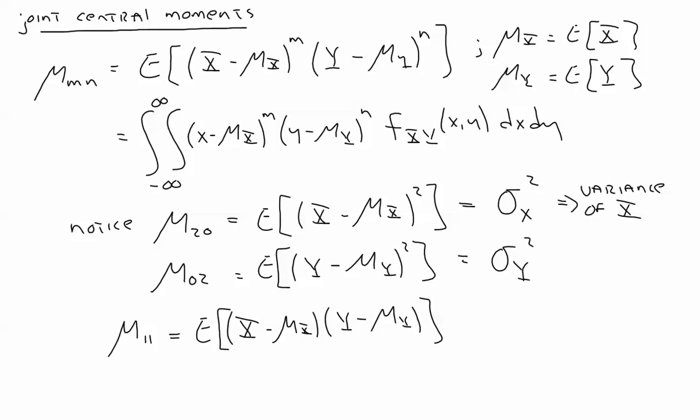And this one is going to be given a special name as well. We're going to call this one capital C sub xy. And this is going to be known as the covariance of x and y.